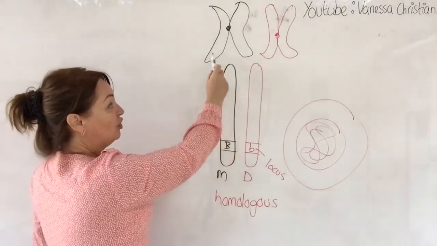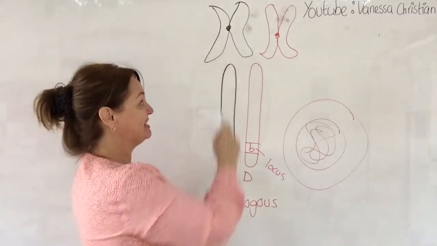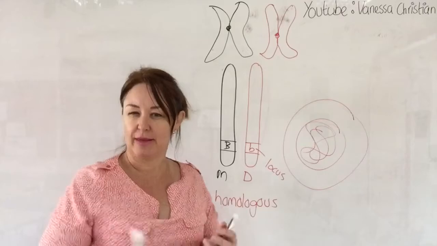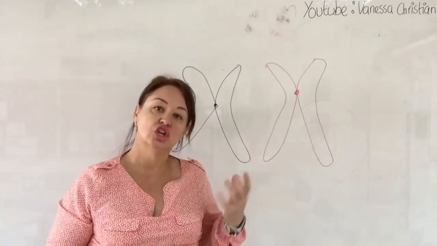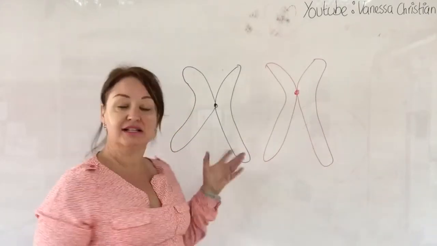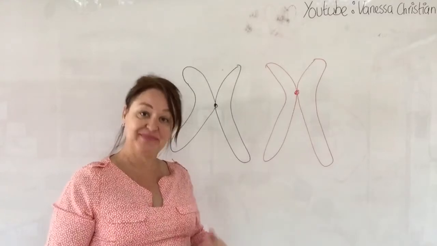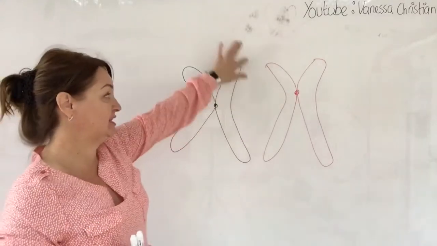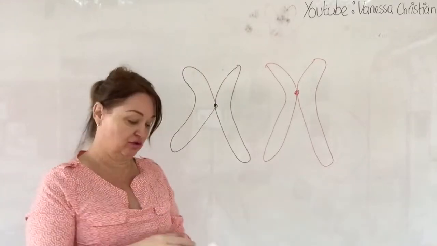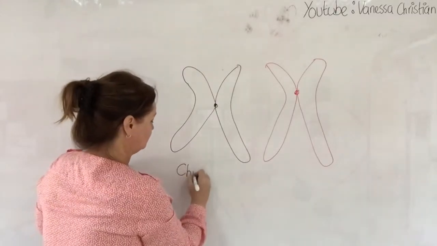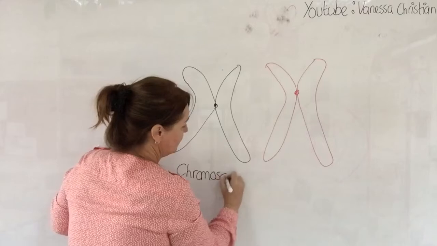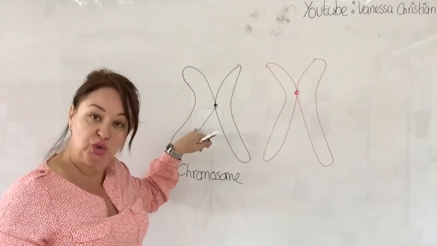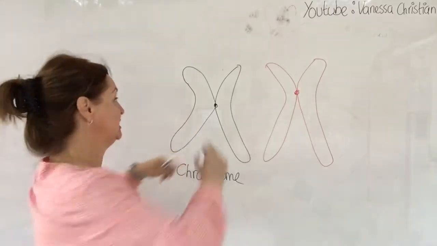Now, although this is doubled, this is where we have a new name coming in. So I'm just going to clear this board and then we'll carry on. My chromosome has shortened and thickened and it's duplicated itself. But this is still called a chromosome. It's just that now it consists of two sister chromatids.